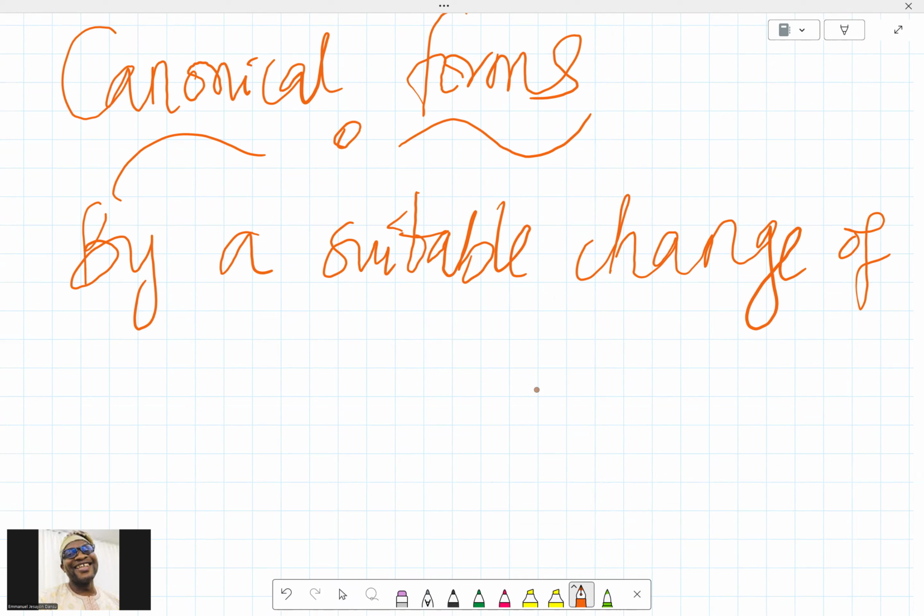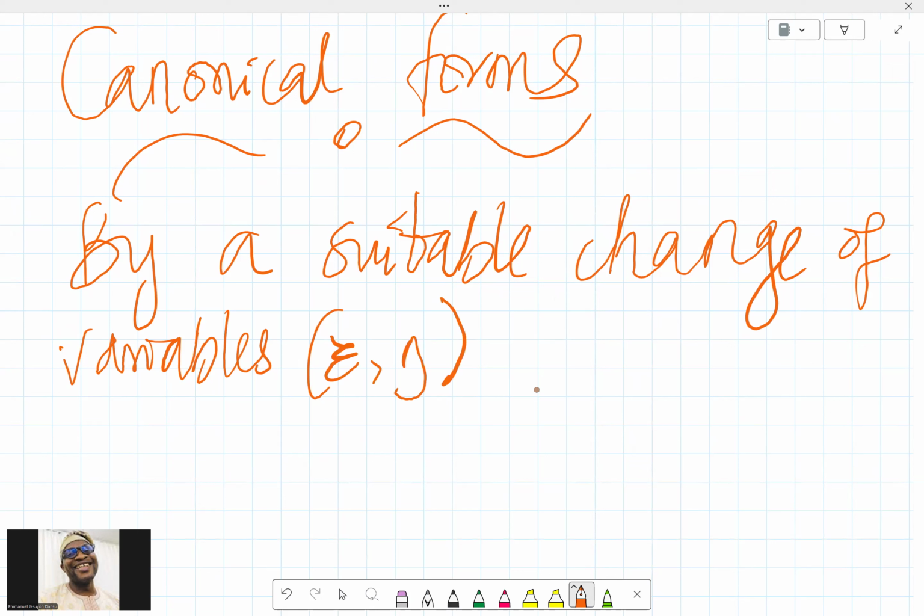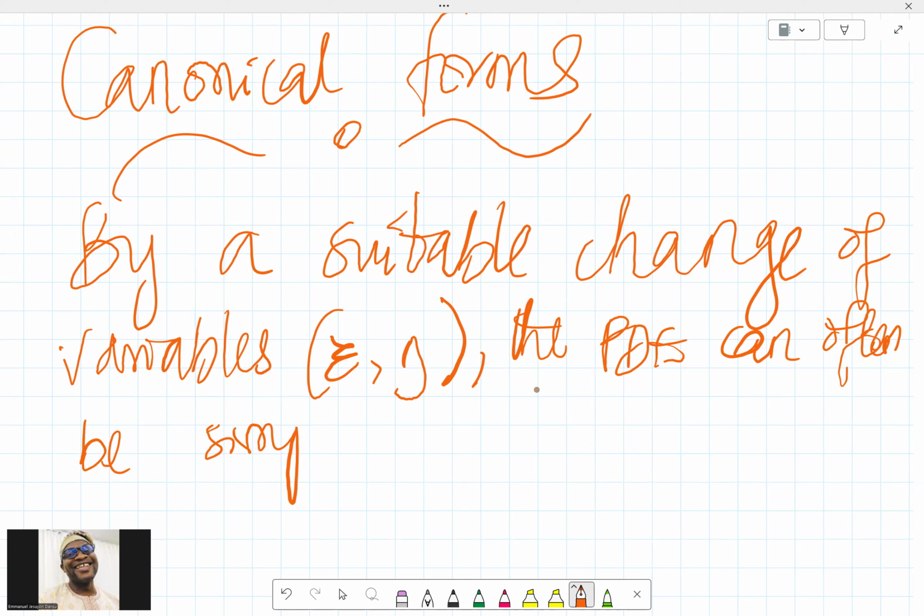By a suitable change of those variables, say instead of x and y, we now have psi and eta, the PDE can often be simplified to the following.